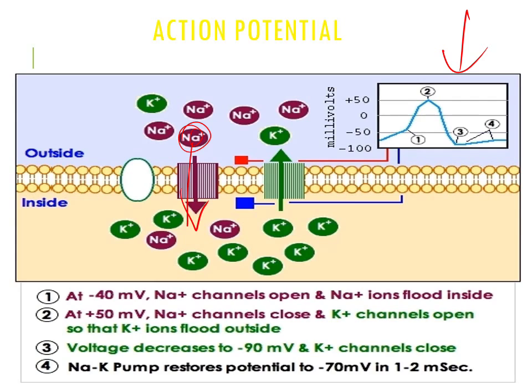At plus 50, these channels then close and the potassium channels open so that the potassium can then leave the cell. So the voltage, because of these potassium ions leaving, then drops to negative 90, and those potassium channels then close. And then this pump is going to restore the sodiums and the potassiums to wherever they were before.